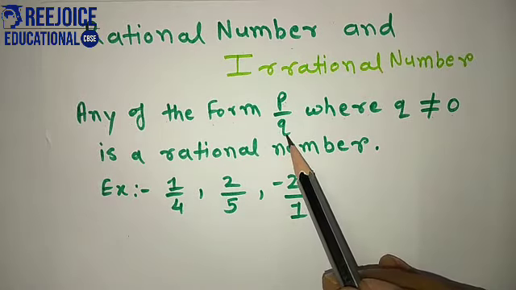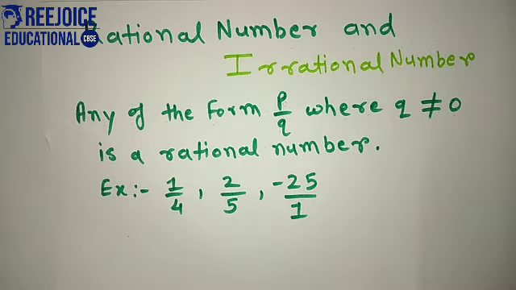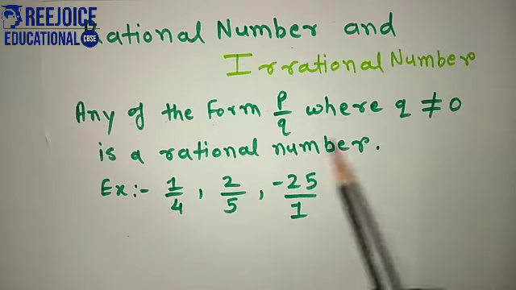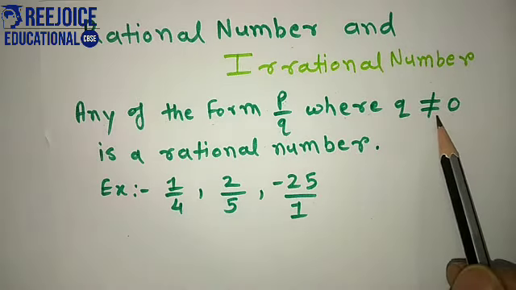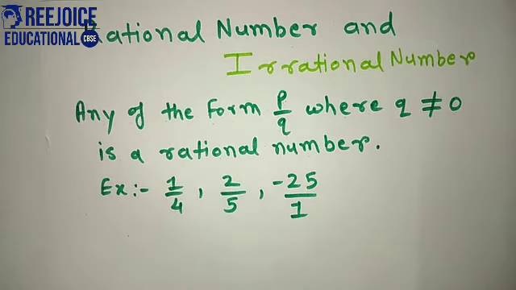The denominator, the q here, should not be 0. Other than 0, any number can be at the place of q. So any number of the form p by q where q is not equal to 0 is a rational number.